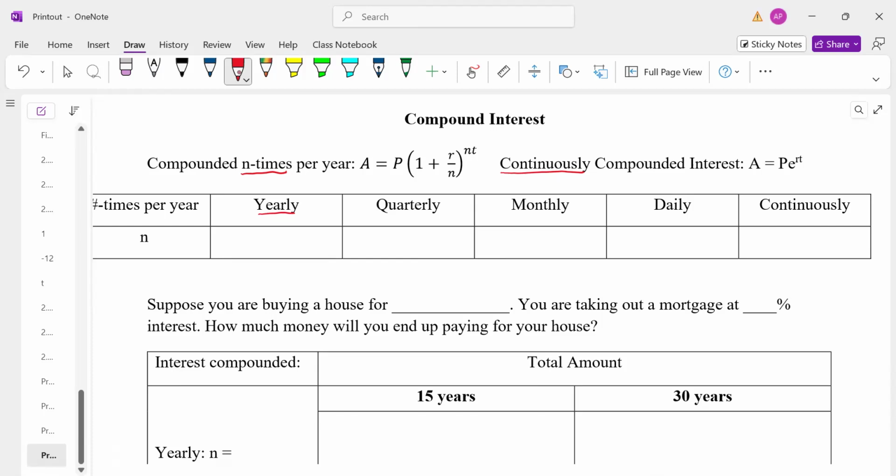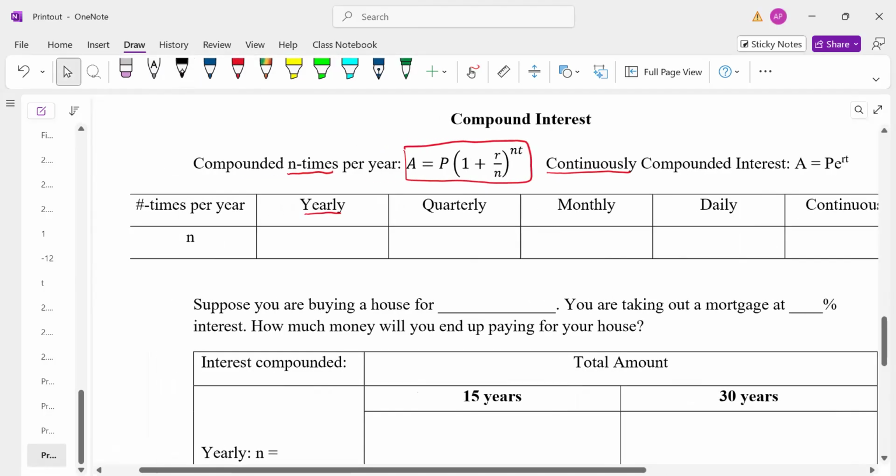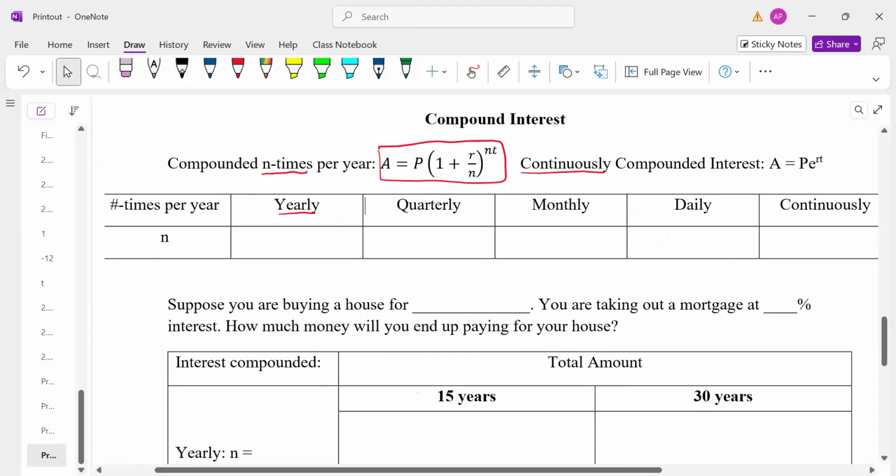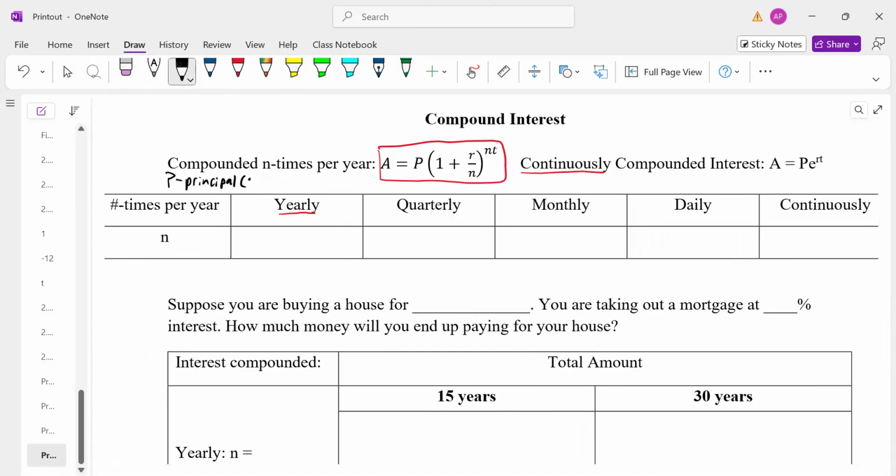So when that happens, we use the formula right here. This is interest compounded n times per year. In this case, we probably should identify our parameters. P stands for principal, which is your initial amount. So this is what you start out with.